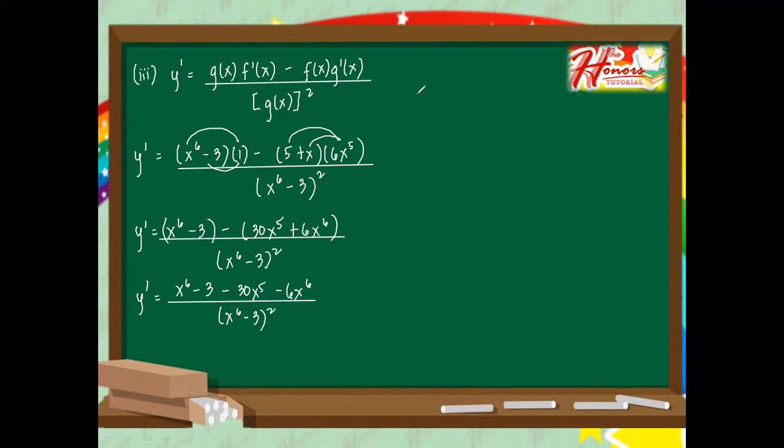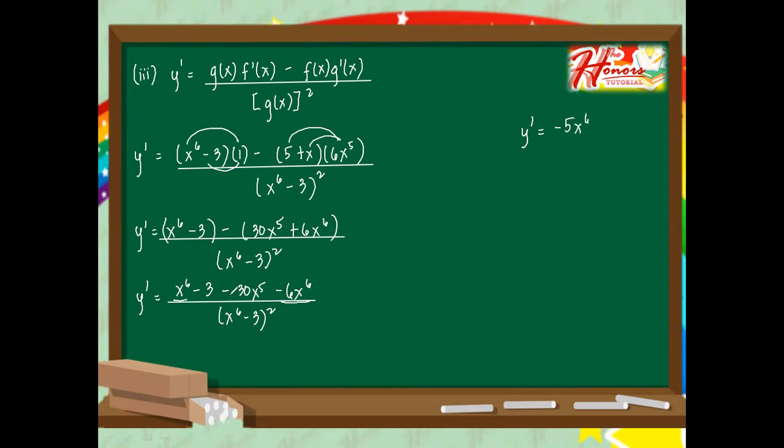Okay, let's continue solving. So that is y prime is equal to x raised to 6 minus 6x raised to 6, so that is equal to negative 5x raised to 6.